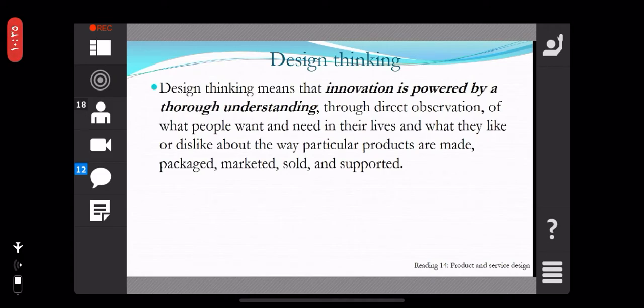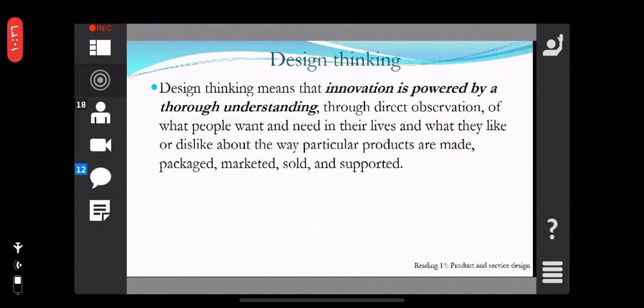You are observing something, you are monitoring something, you are looking at what people want and need in their lives and what they like or dislike about the way particular products are made, packaged, marketed, sold and supported. So this is basically design thinking. Innovation is powered by thorough understanding.